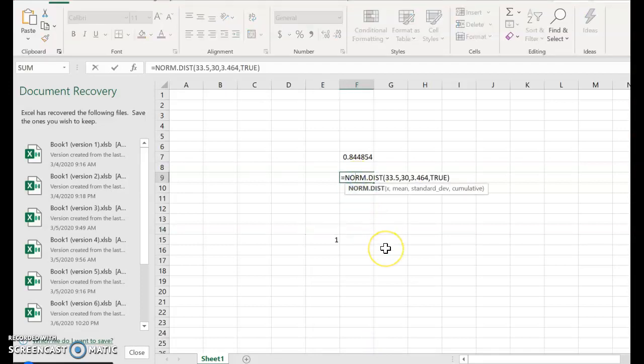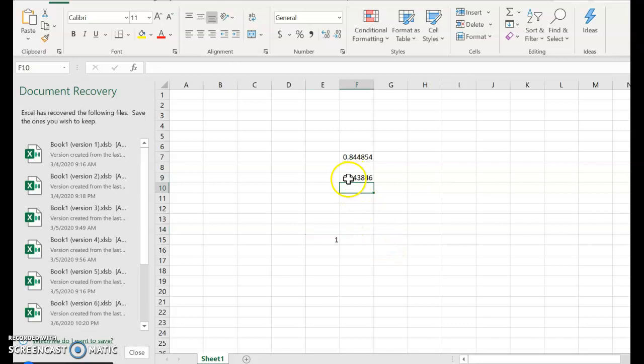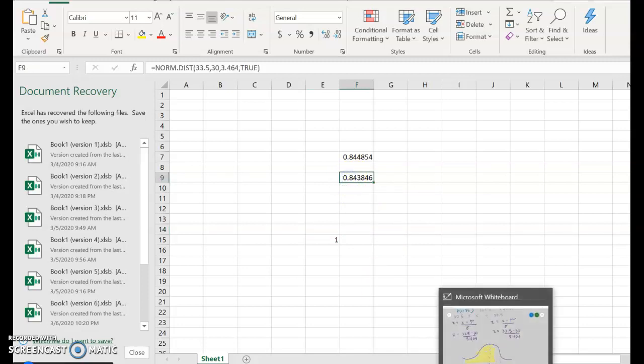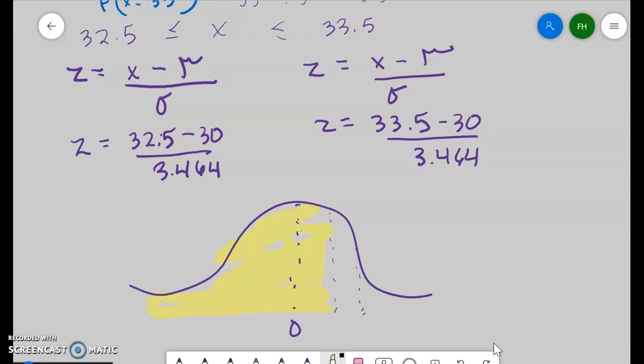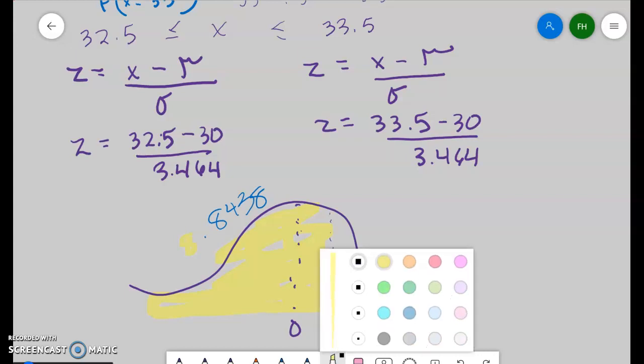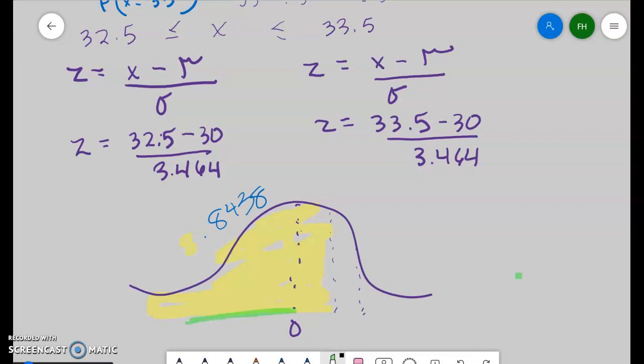Let's see. It was this one, 0.843846. So 0.8438. So this probability here is 0.8438. Then what we did was we looked up the probability for the bigger value, which is going to include all of the 0.8438, but a little bit more than that.